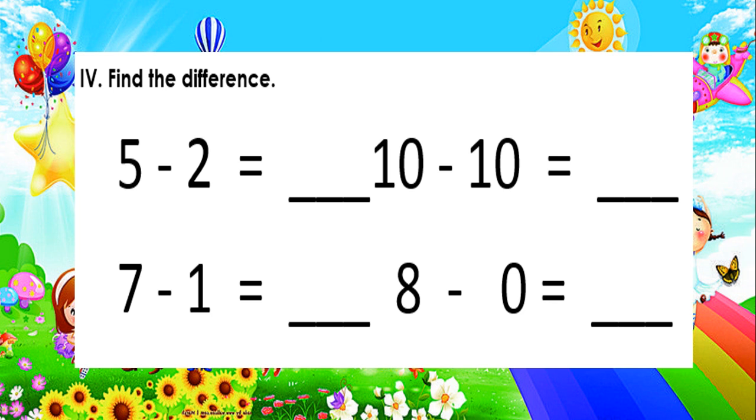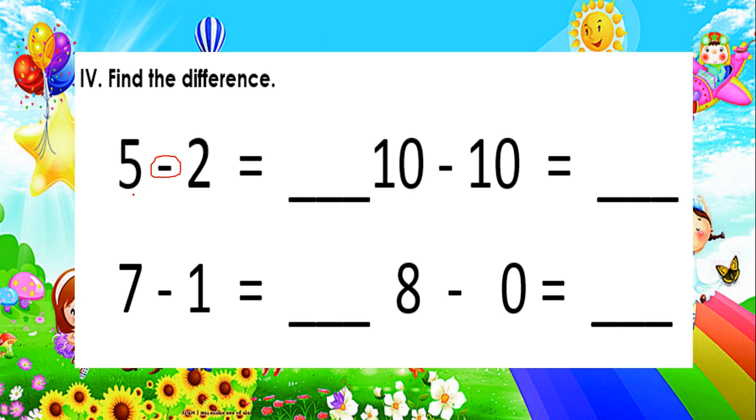Okay. So again, you need to find the difference. So again, you look at the sign, you look at this symbol. Okay. Is this a plus sign or a minus sign? Yes, this one is a minus sign. So if it says minus, it means you need to subtract. It means you take away.